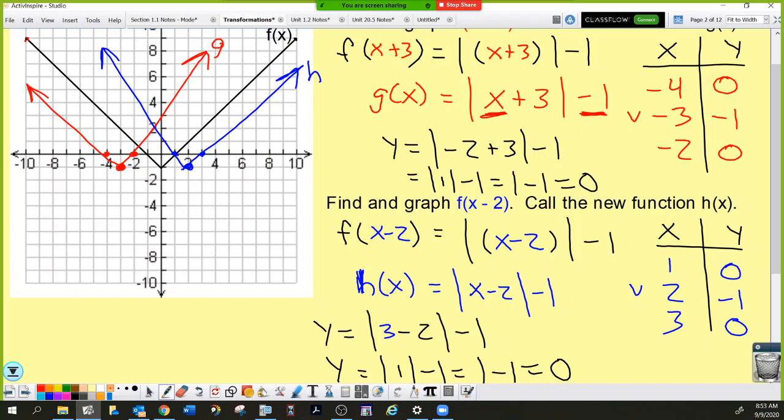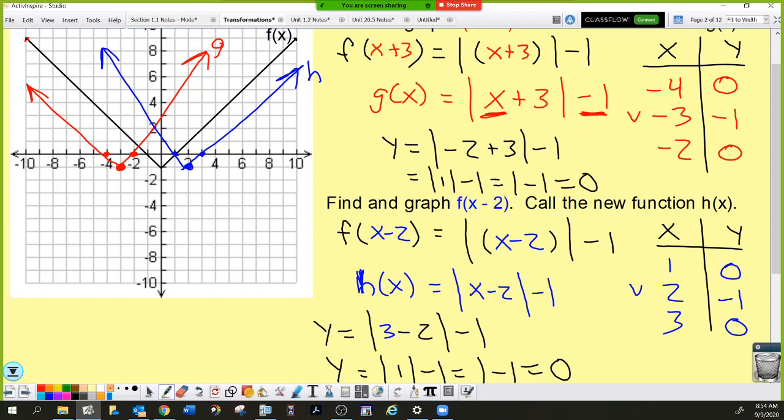So look at that. Which way did the black graph move to become the blue graph? It moved to the right. It moved to the right too. So putting the +3 on the inside moved me left 3 when we thought it would go to the right. Putting the -2 on the inside made me go to the right 2 when it kind of seems like that would go left 2, right?